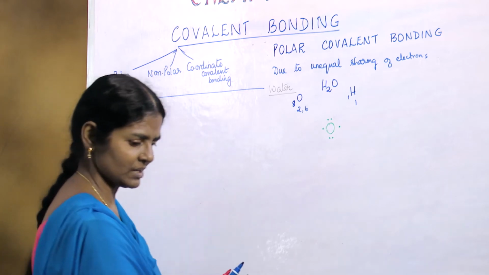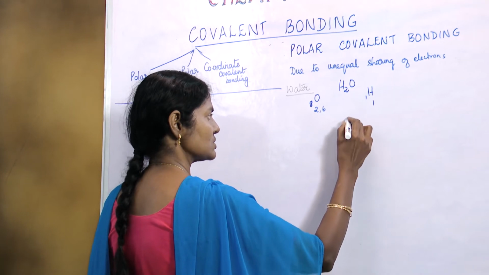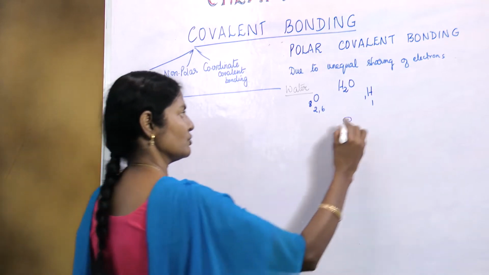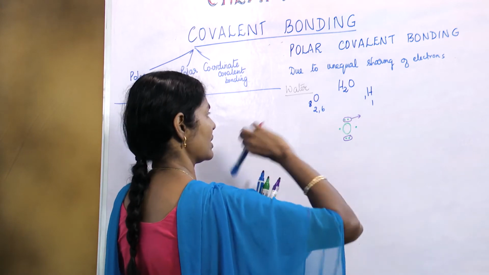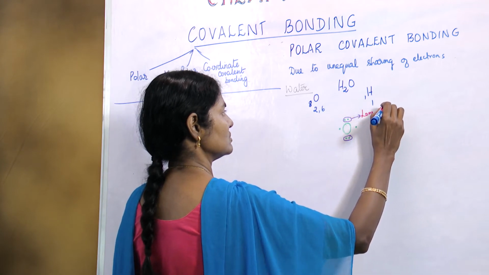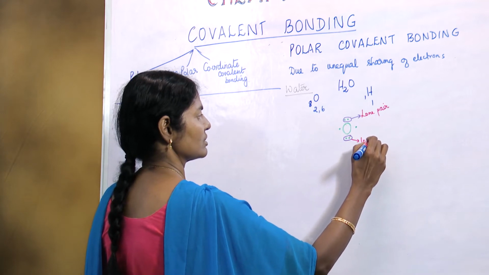These 2 pairs generally don't react with any other element. Therefore, this is called a lone pair of electrons. This also is called a lone pair.